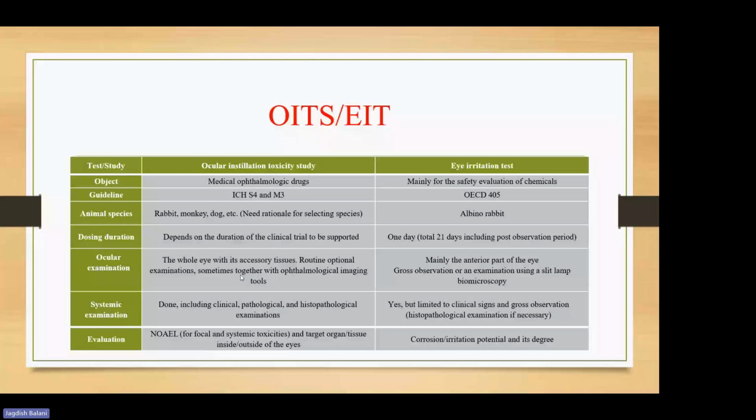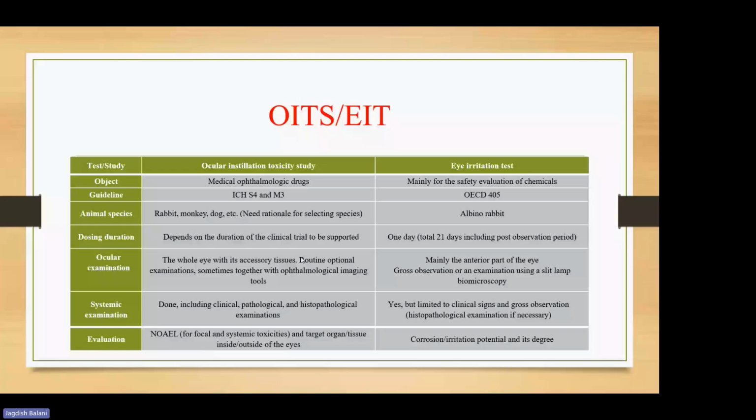The guideline for that is OECD 404 and 405, with a single-day instillation, while the observation is for 21 days, and mainly the anterior part is observed, like the cornea. Sometimes, if required, you can go for the anterior chamber also, and gross observation is only limited. If required, you can go further for histopathology.